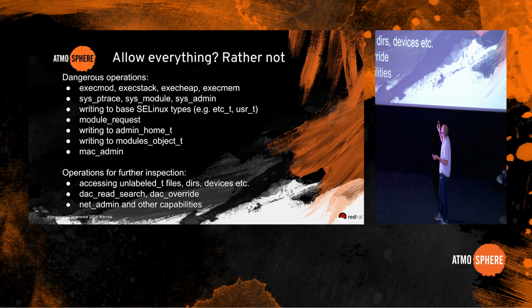So, for example, writing to modules_object_t. The Linux kernel has a lot of kernel modules you can load. Some of them are compiled in, and some of them are in the form of modules, and you can load them on demand. If a program is trying to write to files labeled modules_object_t, you should ask, why is the program trying to write to a kernel module?